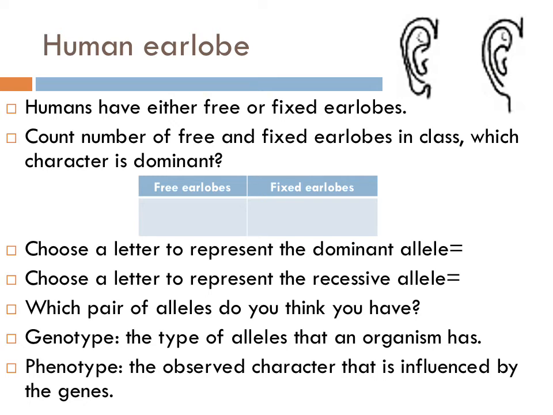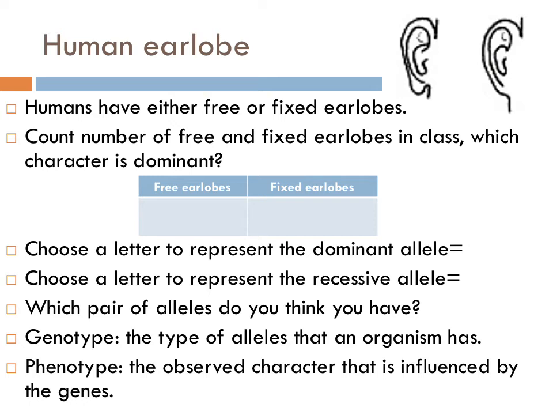Now, you're going to choose a letter to represent the dominant allele. Maybe you're going to choose letter E. Will it be a capital E or a small e? It's a dominant characteristic, remember? So maybe you're going to choose a capital E. And to choose a letter for the recessive allele, you're going to choose the same letter but in lowercase. So it's going to be a small e.